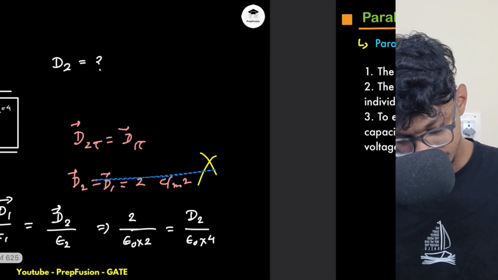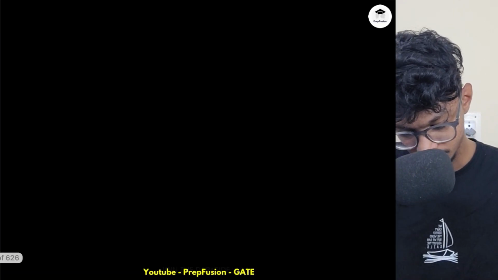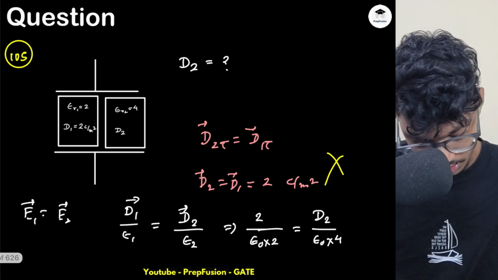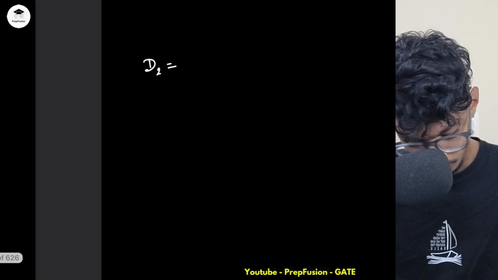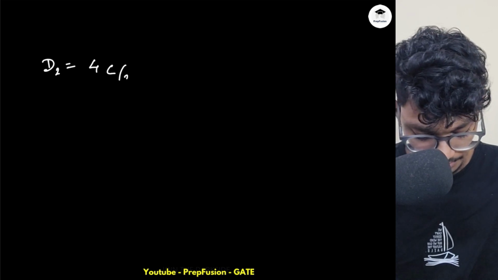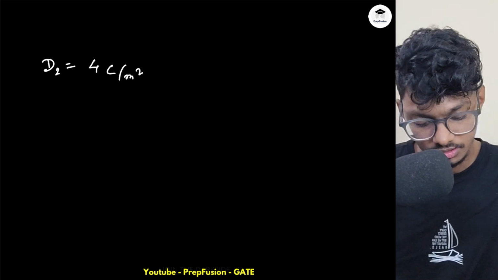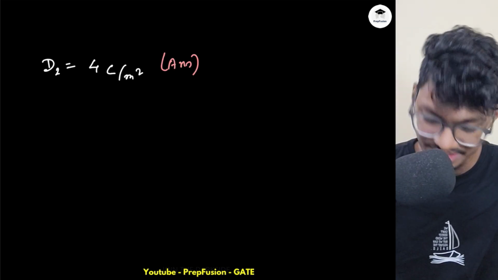Here I can say that my D2 will be, epsilon naught gets cancelled, simply 4 coulomb per meter square. Okay, this will be the answer, not the previous one. So pretty straightforward and simple question.